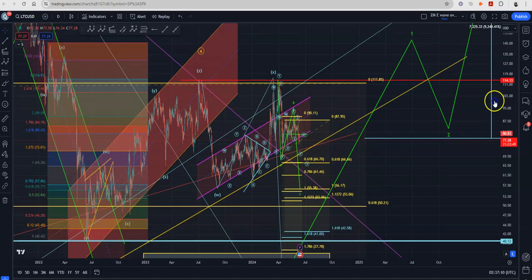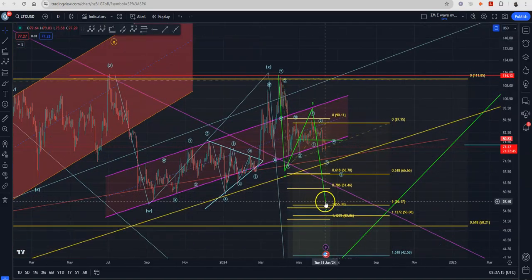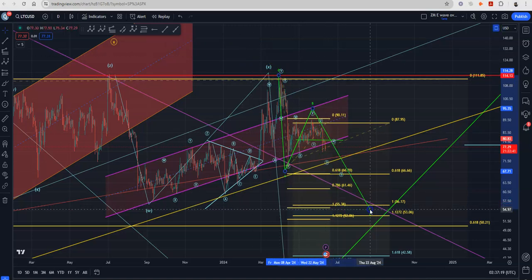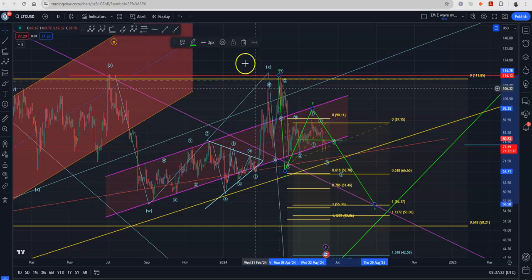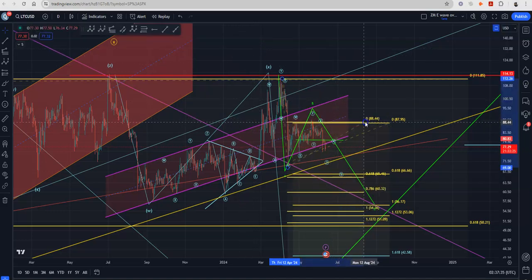So I would not be surprised if Litecoin just does something like this. Of course, that would mean a bottom for Litecoin this summer, August 2024. It's getting close. I got goosebumps now.